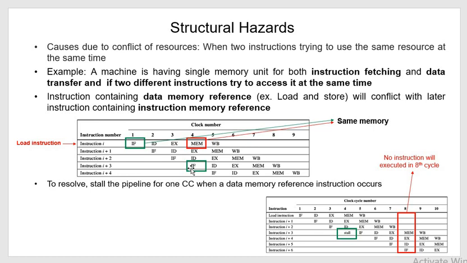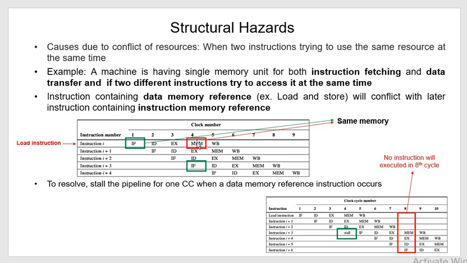So as per the limitation, the machine can work in an unpipelined structure, but it cannot work with the pipeline structure, because in this particular cycle the data path of the processor will want to access the memory for two different instructions in one cycle.